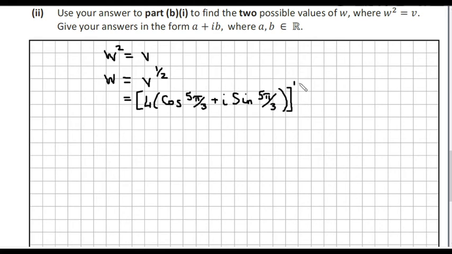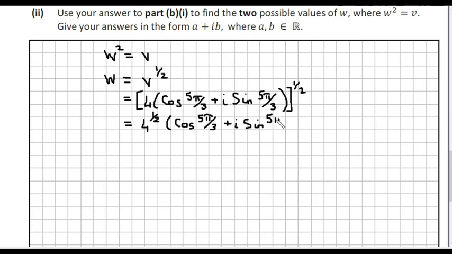Now what we have here is a situation where we have two things multiplied by each other, all raised to a power. So we're going to have to raise each of them to that power. So it's going to equal 4 to the power of a half by all of the rest of it to the power of a half. What we really have here is a number in polar form raised to a power that's between -1 and +1.